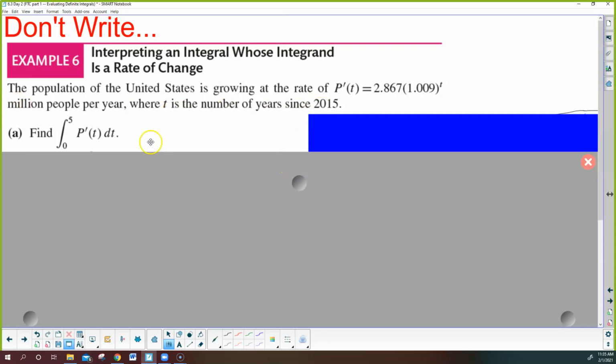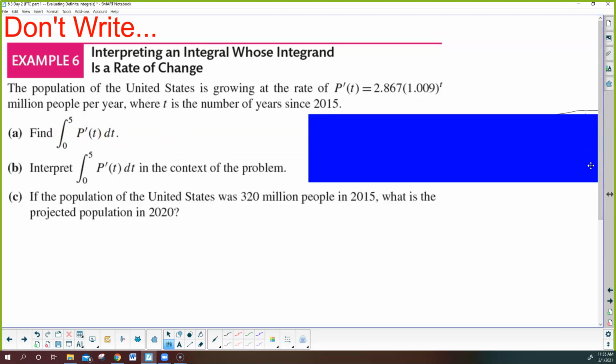Well, what we need to do is evaluate this integral of a rate. An integral undoes a rate, which is really interesting, and that's going to lead us into what we're doing today. I might not do all of this problem because you're going to learn very quickly that this is a perfect calculator question, but we know what the rate is.